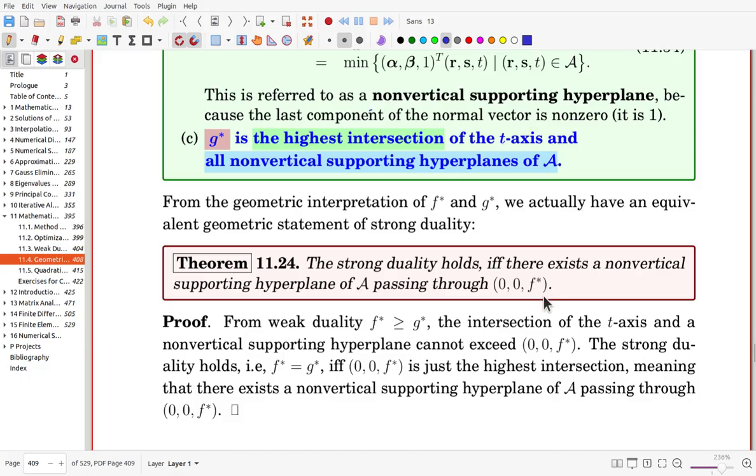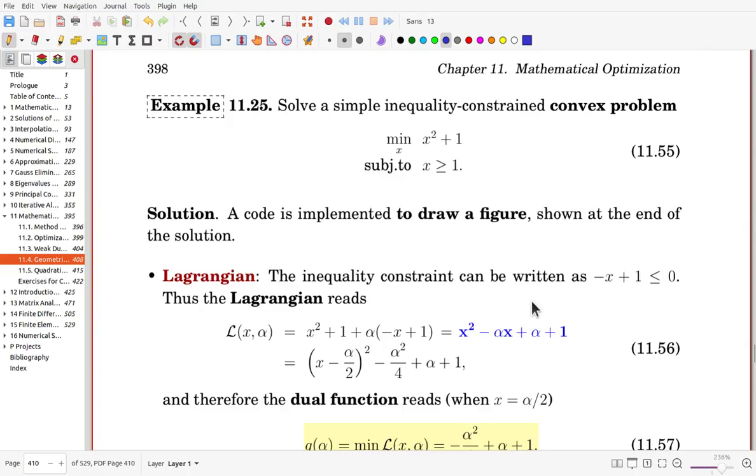So that is the theorem, and once there is a hyperplane passing through this point, then it is strong duality. Okay, let's see examples. We first consider a simple convex problem.